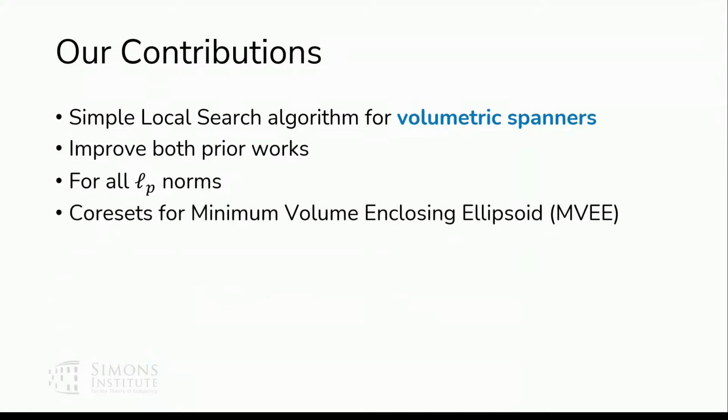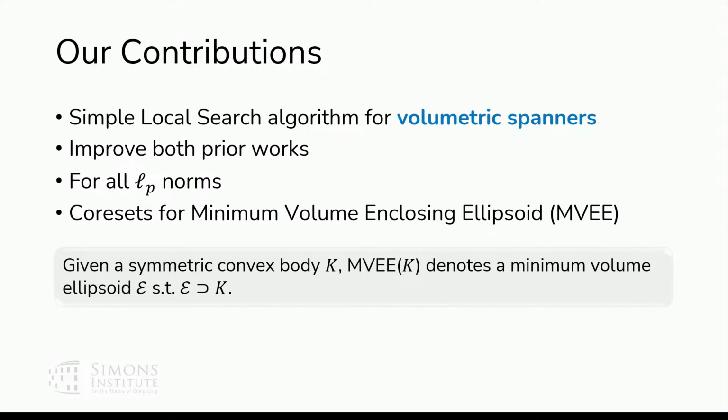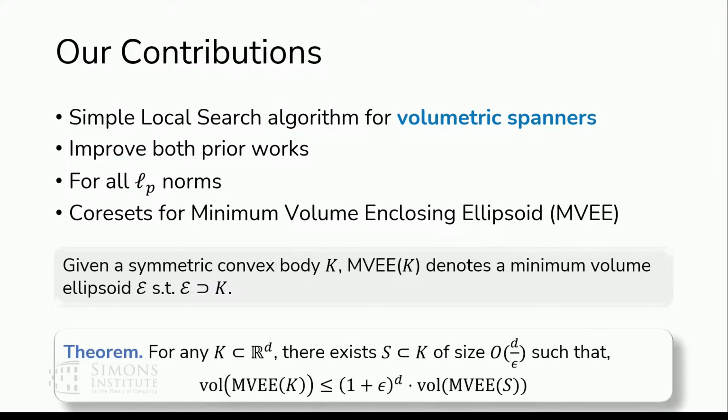Among the applications that we wanted to highlight is the minimum volume enclosing ellipsoid, or John ellipsoid. You are given a symmetric convex body K, and the MVEE, or minimum volume enclosing ellipsoid, is the minimum volume ellipsoid that contains K. We show that this local search also gives a coreset for this problem.